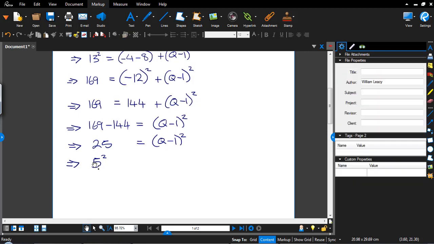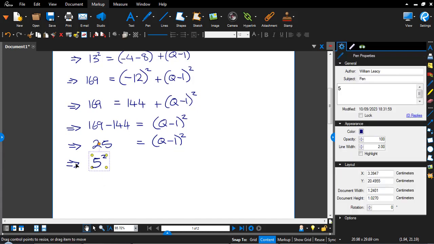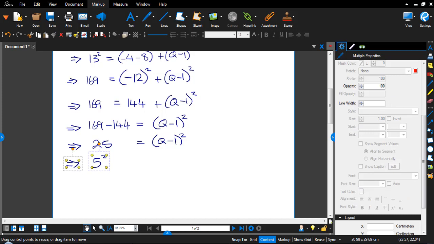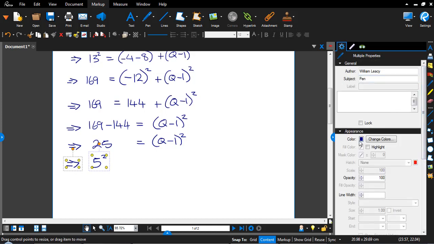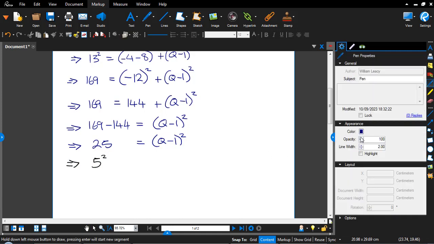I'm going to put this in a different color so you can see the different ways that we're going. I'm going to put this in black and carry on with that. So we can say 5 squared is equal to q minus 1 squared. Makes sense, right?